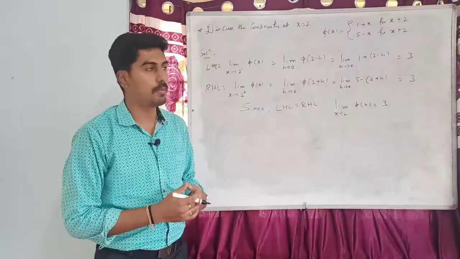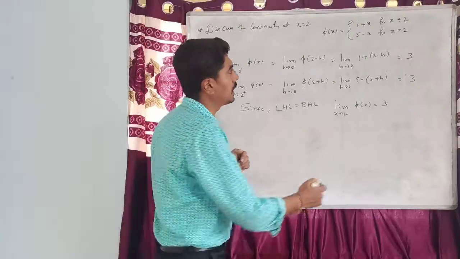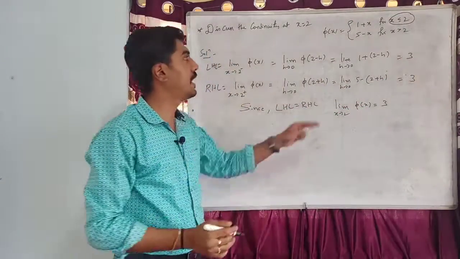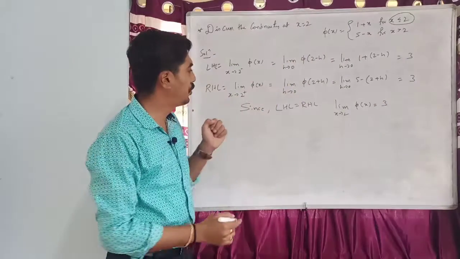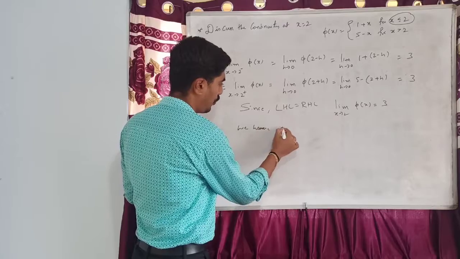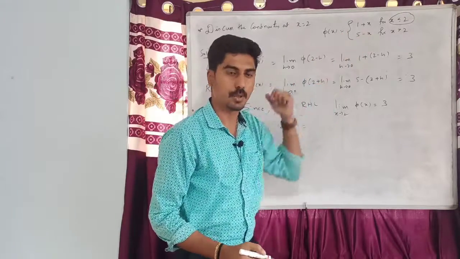Now let us find out the value of phi of x at x equal to 2. By the definition, for x equal to 2, the function is defined as 1 plus x. Therefore, we have phi of 2 is equal to 1 plus 2, which is equal to 3.